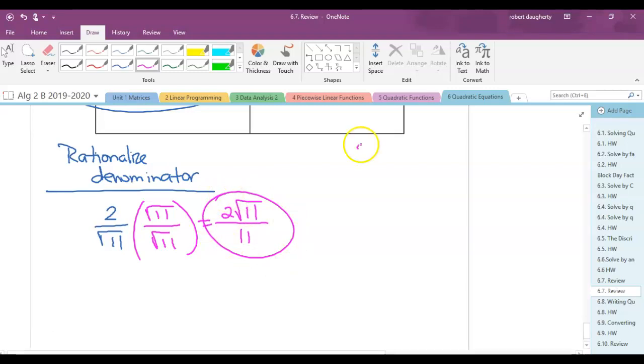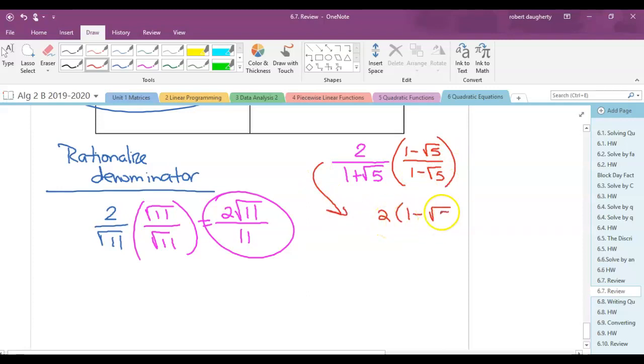How would you handle something like 2 over 1 plus the square root of 5? Well, you would need to multiply this by 1 minus the square root of 5 over 1 minus the square root of 5. When you do that, you get 2 times 1 minus the square root of 5 over what I get in the denominator. When I FOIL that, 1 times 1, I get 1.